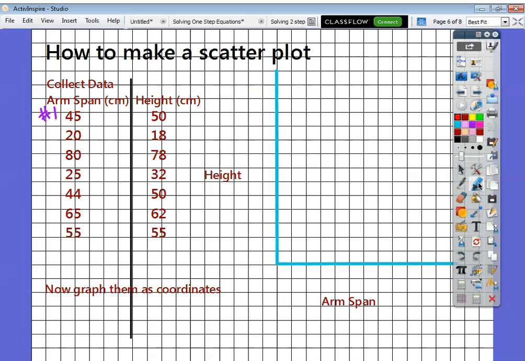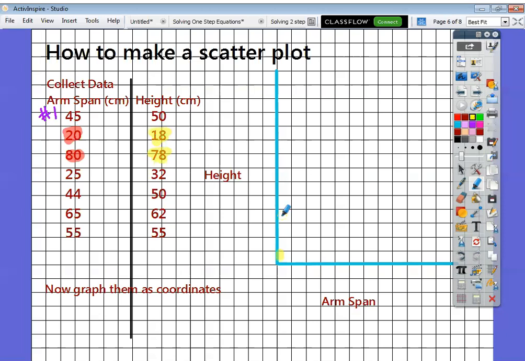My very first thing is to put my intervals down here. So I go over to my arm span. My smallest arm span is 20, and my largest arm span is 80. So I know that these numbers down here have to include 20 and also 80. For height, my smallest height is 18 and my largest is 78.